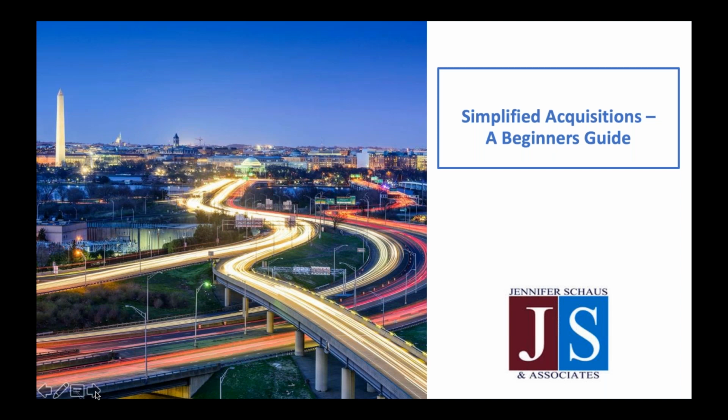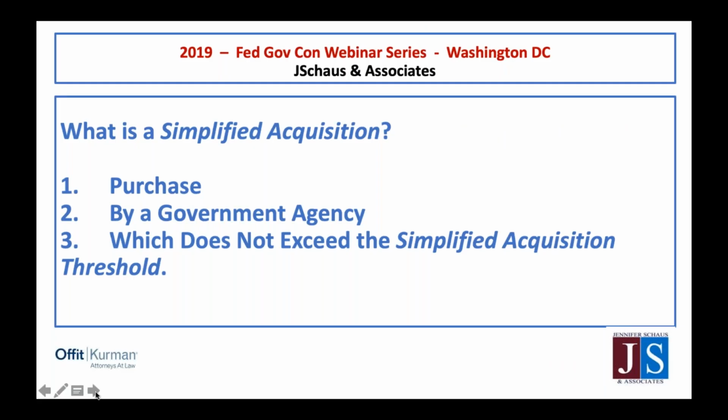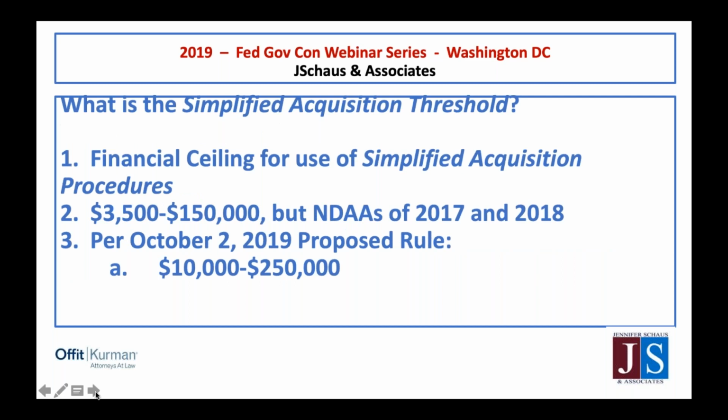A simplified acquisition is a purchase by a government agency which does not exceed the simplified acquisition threshold, also known as SAT, S-A-T. Now, if you can advance the slide for me. Okay, so what is the SAT, the Simplified Acquisition Threshold?